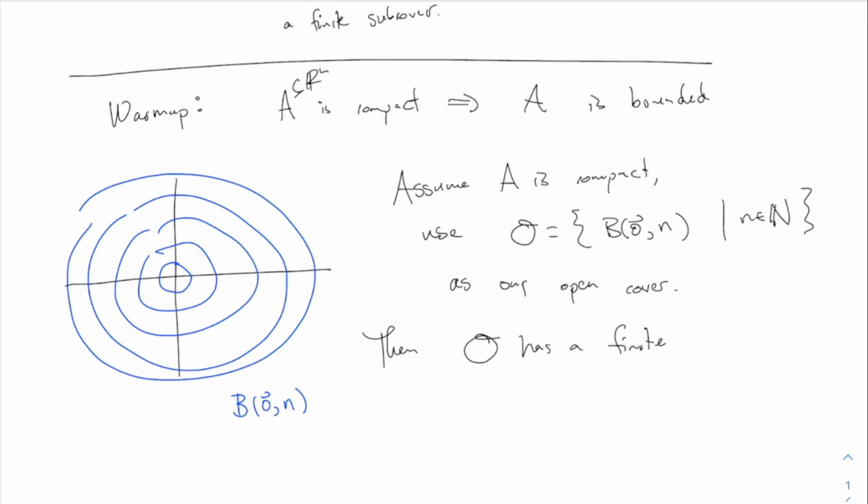You don't need to stretch out beyond a certain one big one. So then O has a finite subcover. So actually, A is a subset of one big ball.